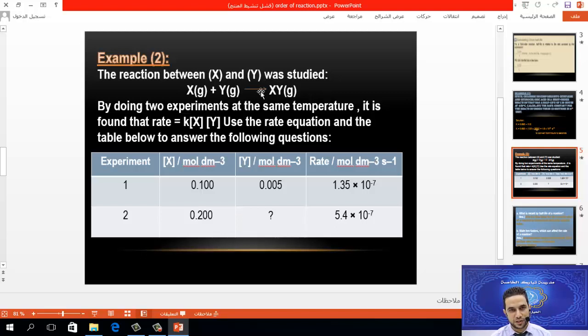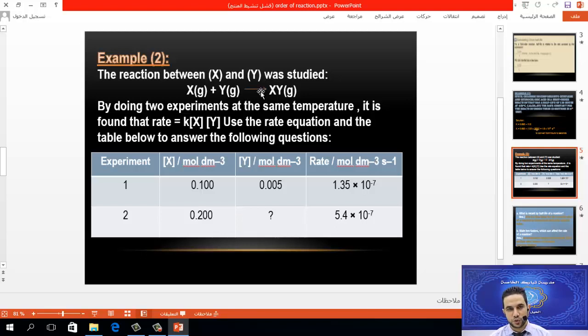This indicates that K is constant for the two experiments. So if you calculate K from experiment 1, you can use it in experiment 2. So the first step, we calculate K from experiment 1.